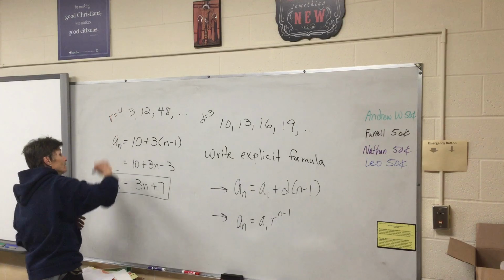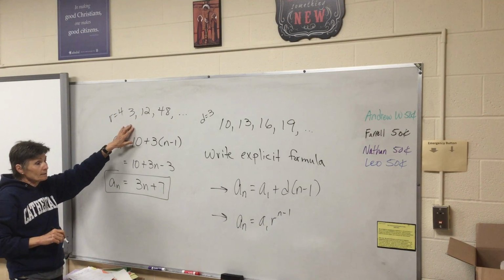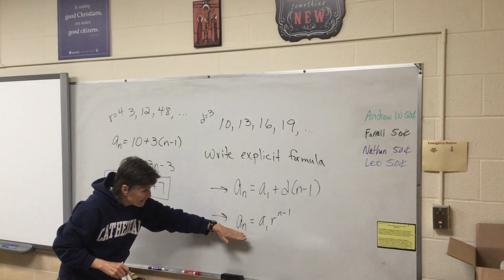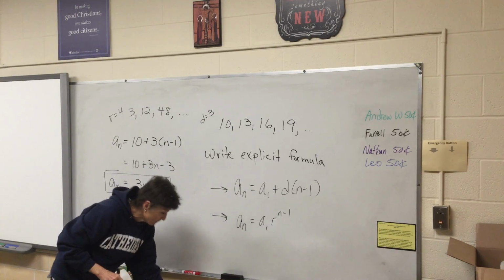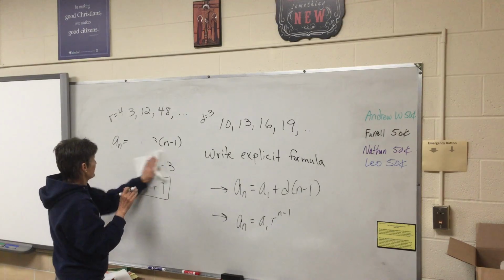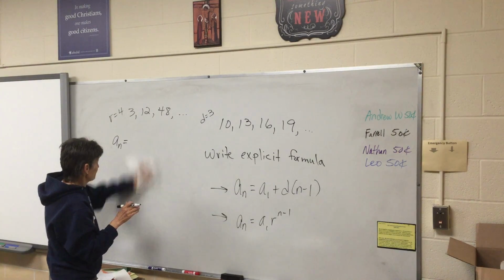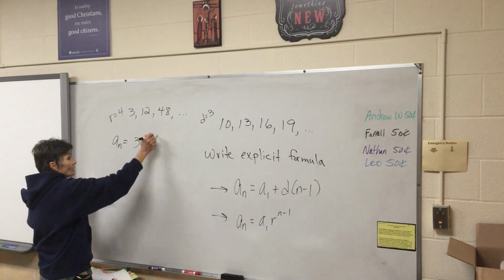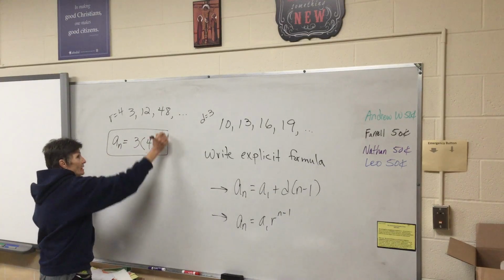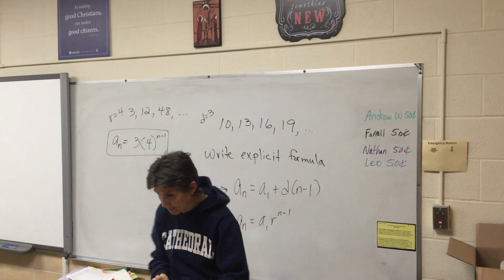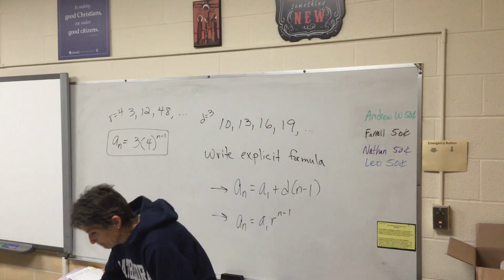So for this one, we're geometric and we're multiplying by 4. So if it's geometric, we're using this as our foundation. So according to that formula, the nth term is going to be 3 times 4 to the n minus first. And you cannot simplify that. The geometric ones you can't simplify, so you're done.